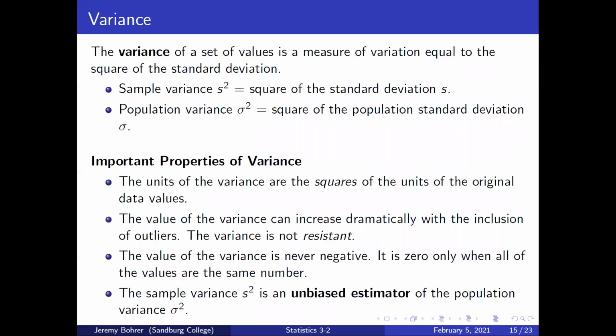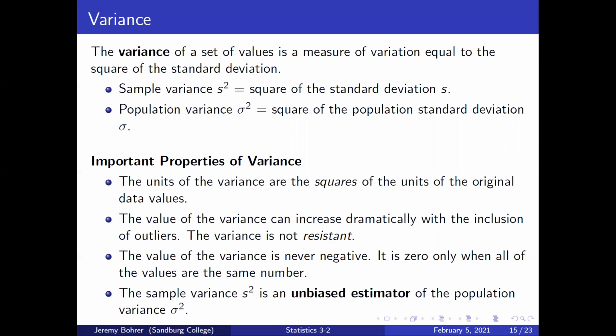The variance of a set of values is a measure of the variation equal to the square of the standard deviation. The sample variance S squared is equal to the square of the standard deviation S. The population variance sigma squared is the square of the population standard deviation sigma. Important properties of variance: the units of the variance are the squares of the units of the original data values.